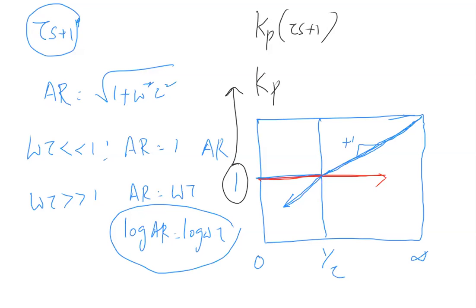Slope equal to plus 1, no? Because this is y equal to mx. What is m? Plus 1, no?